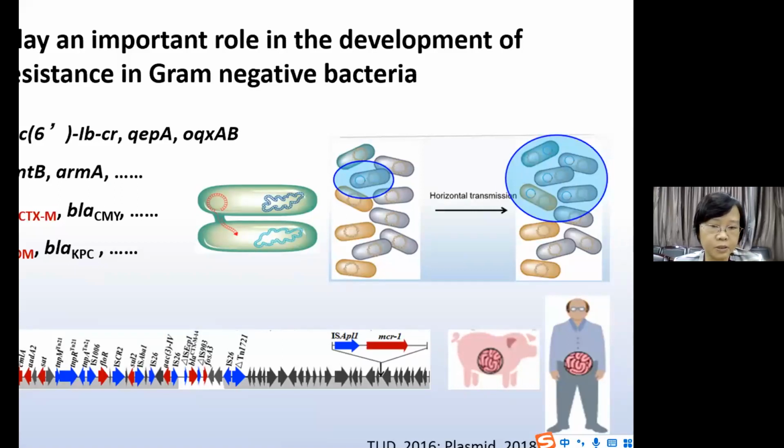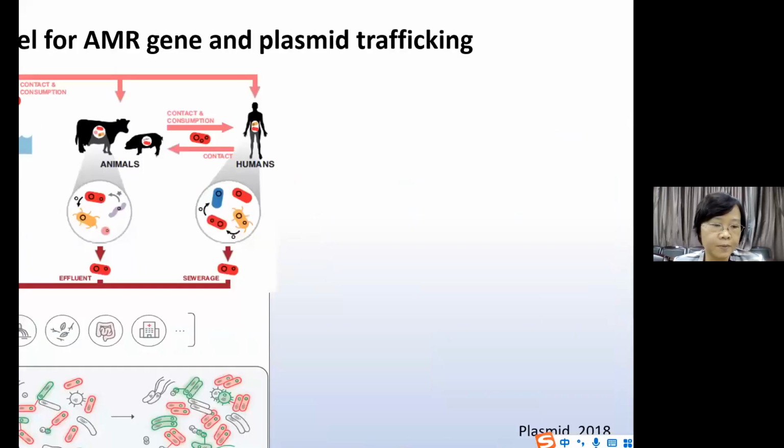The reason why the MDR gram-negative bacteria develop so quickly is that plasmids play key roles, and such resistant genes of the drugs can be transmitted through plasmids.